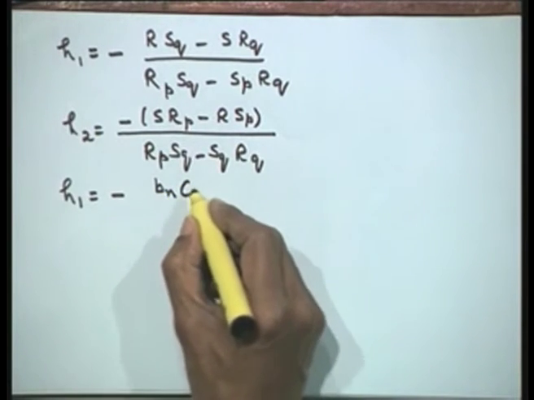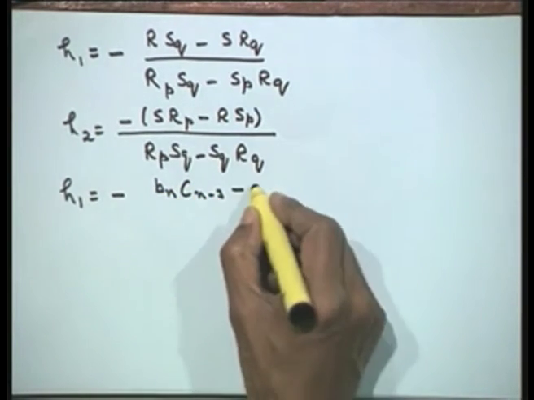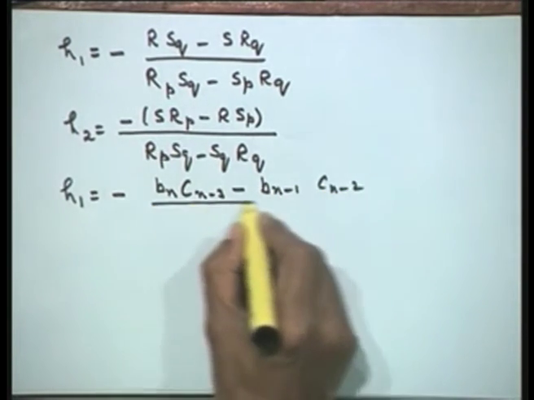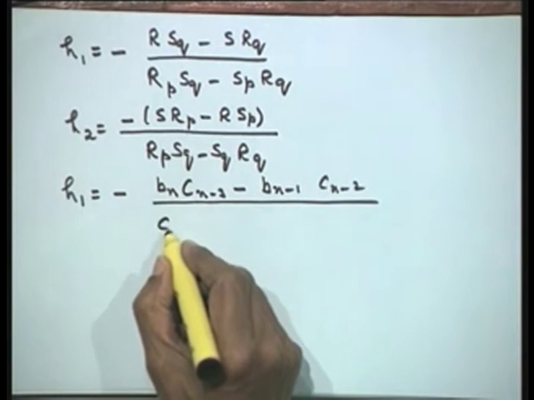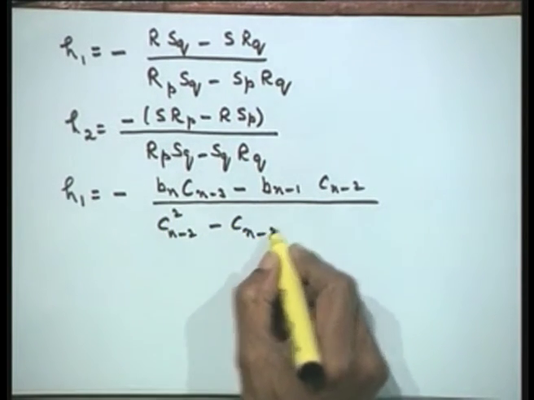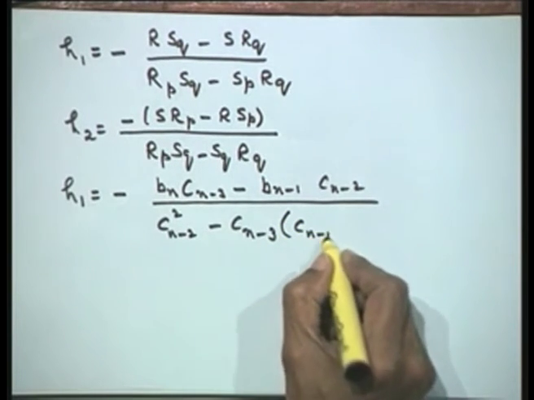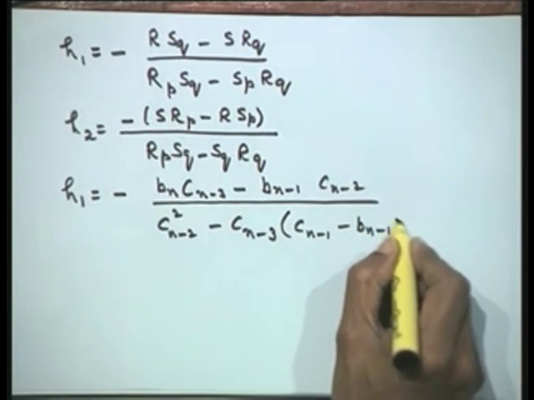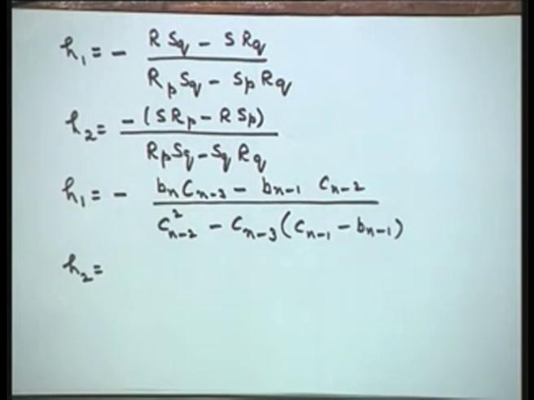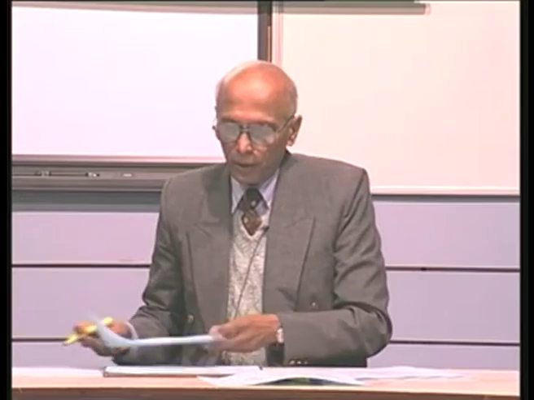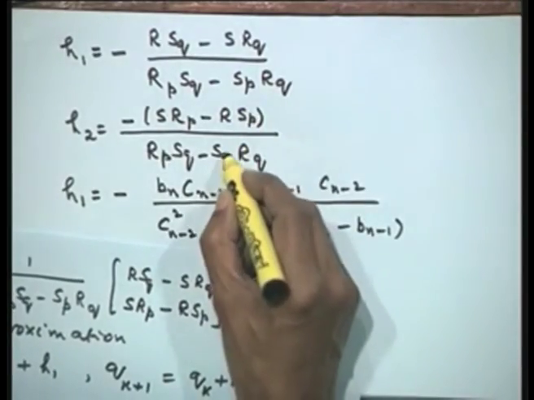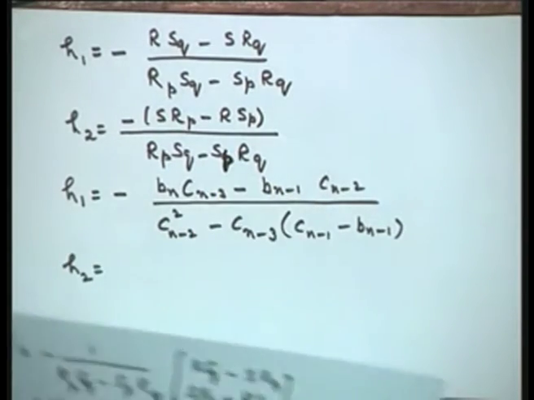It would be c(n-3) b(n-1) minus c(n-2), and the denominator will be c(n-2) squared minus c(n-3) c(n-1) minus b(n-1). The denominator is rp sq minus sp rq.